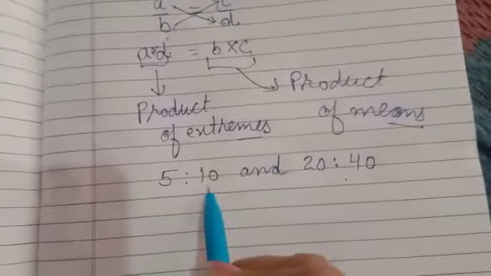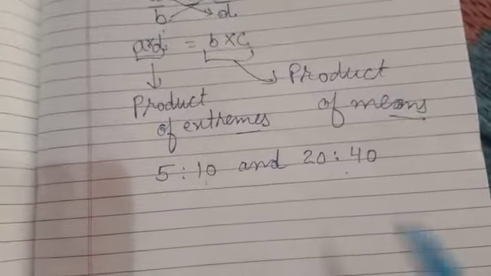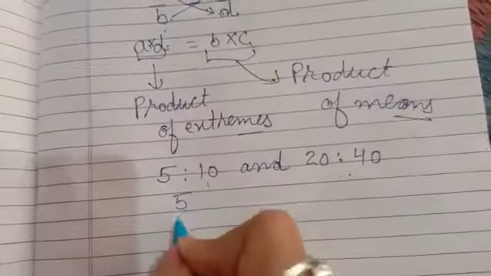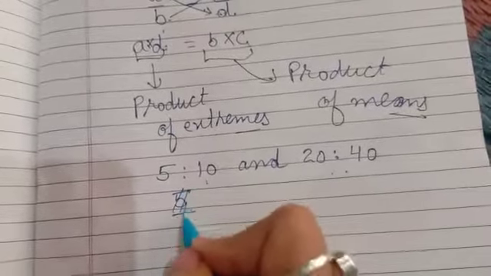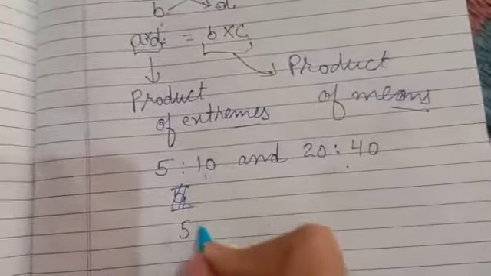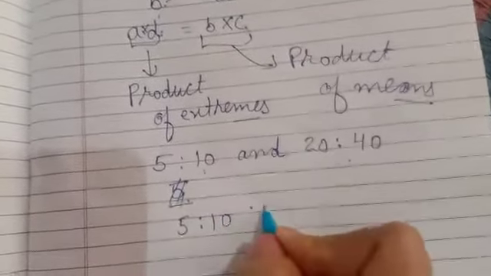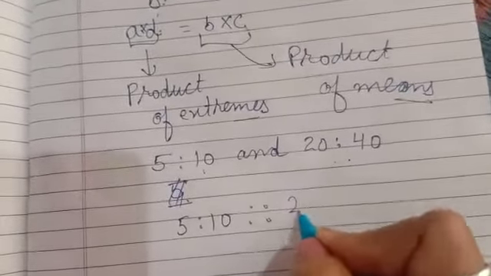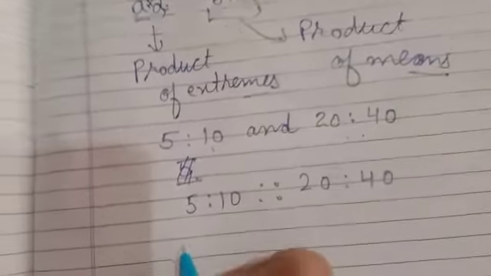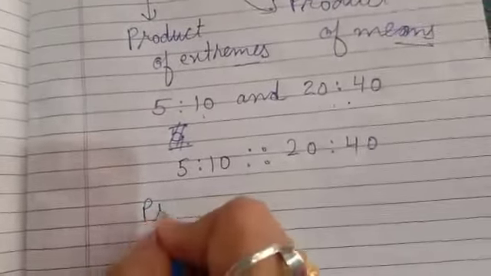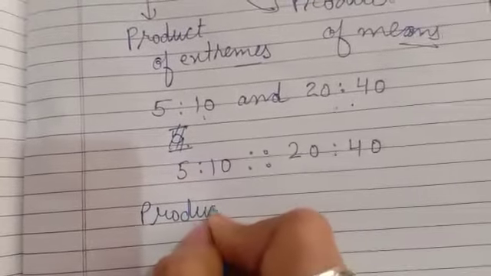Means we have to check whether the ratios are equal or not, right? Put the proportion sign: 5:10 :: 20:40. Here beta, find the product of means and product of extremes.